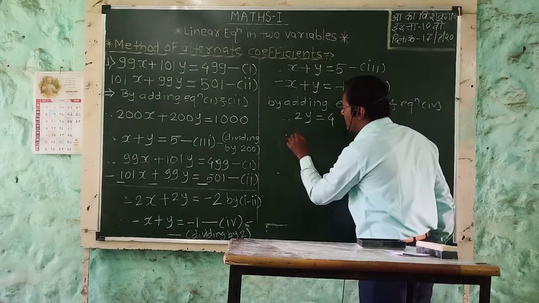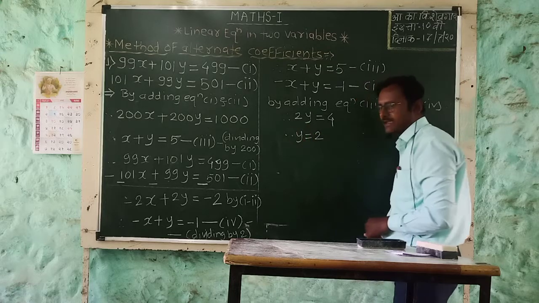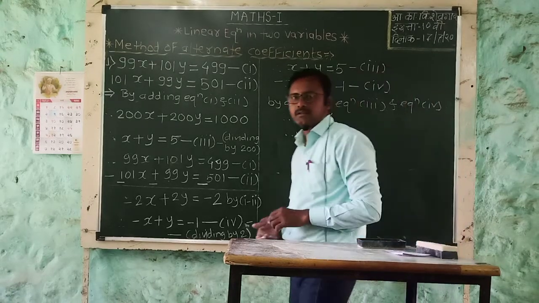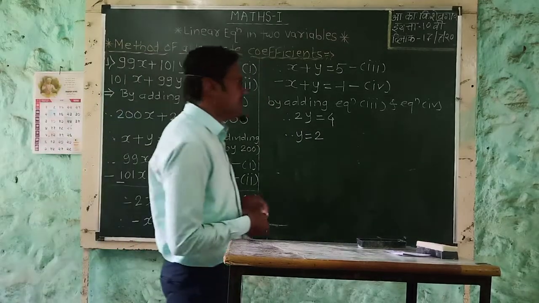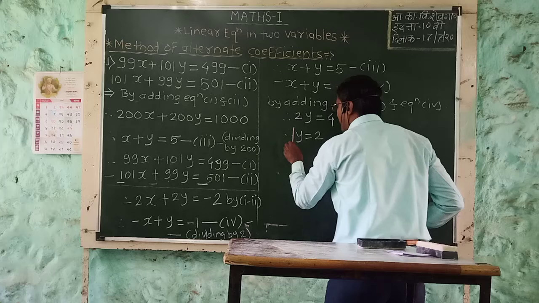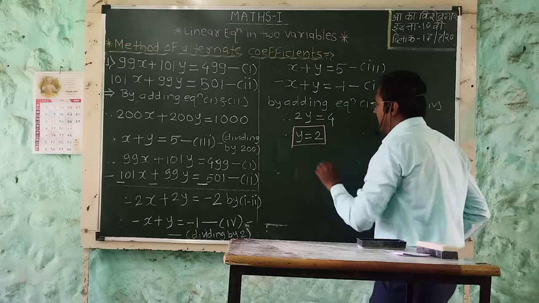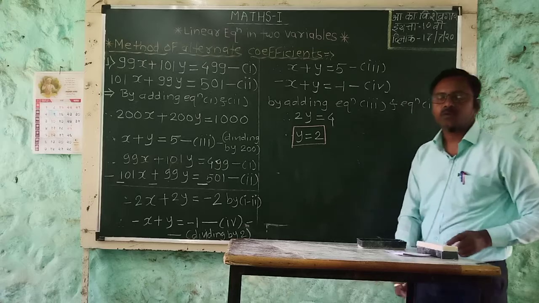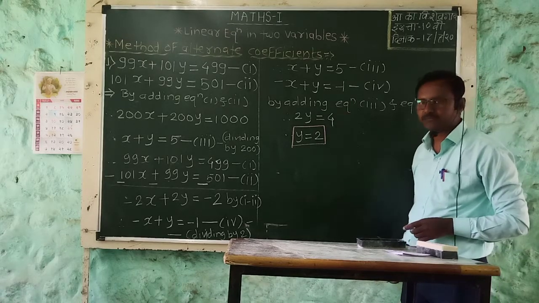So you have y is equal to 2. By simplifying, you get the value y is equal to 2. This is one of the solutions of the equation.